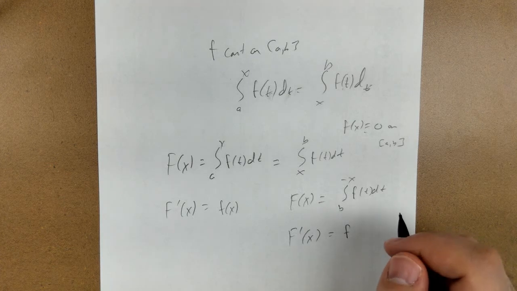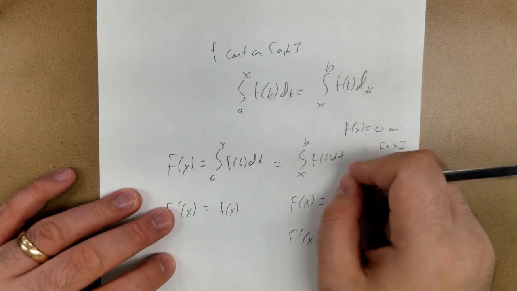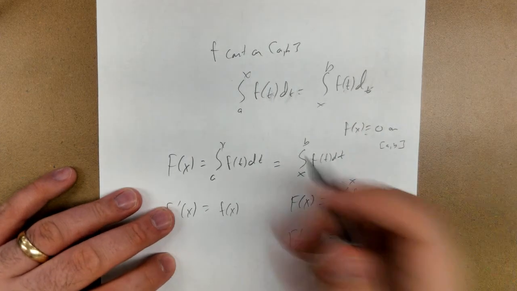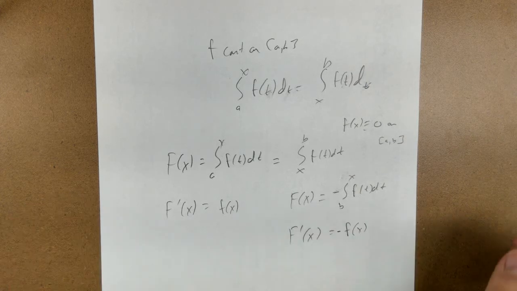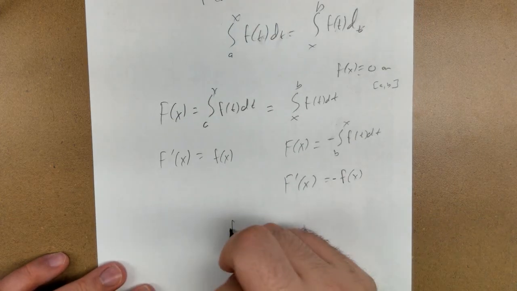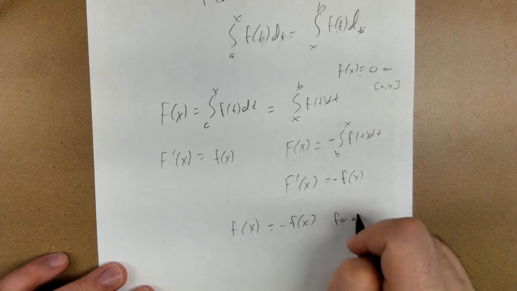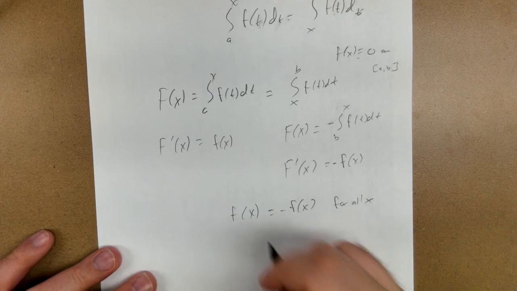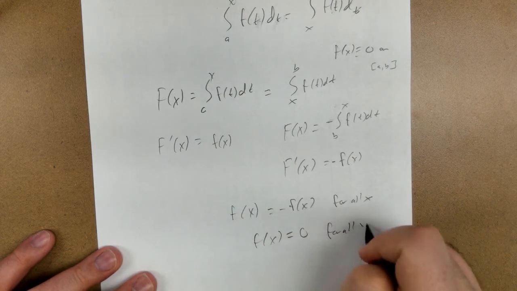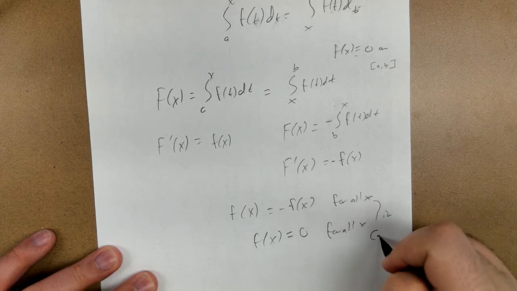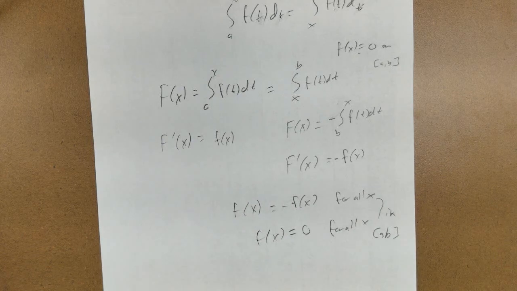I forgot, when I flip it over, I don't put a negative here, do I? I put a negative right here, excuse me. So here you get f of x, but you get a negative out front. So if this is equal, you get f of x is equal to negative f of x for all x. Well, the only number that's equal to its negative is 0. So that means f of x is 0 for all x in a to b. All right, that is the end of chapter 7. We did it.